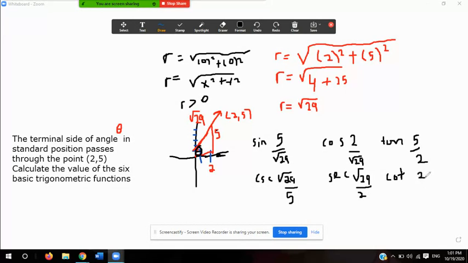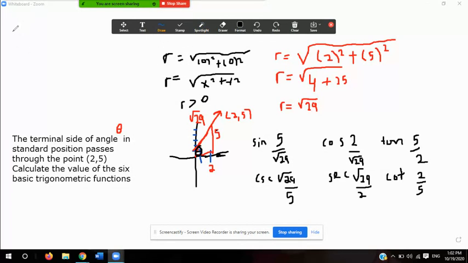So I have my 6 trigonometric functions. The only thing I need to do is rationalize the sine and cosine, because both have the square root of 29 in the denominator. So let's go ahead and do that real quick.